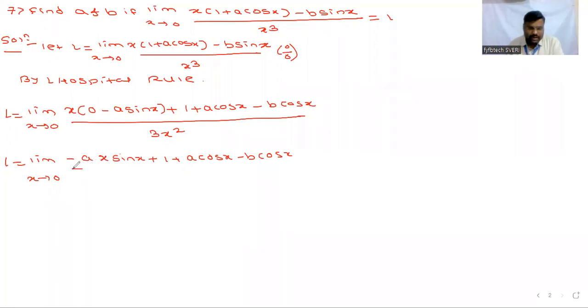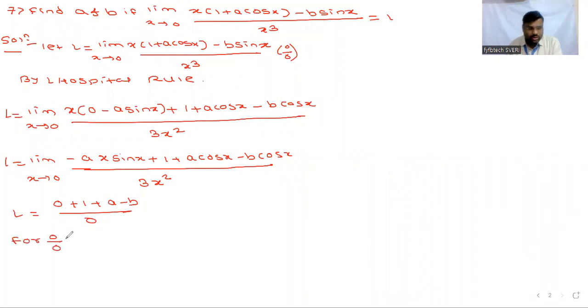L equal to limit x tends to 0 of (−a x sin x + 1 + a cos x − b cos x) divided by 3x square. Now when you put x equal to 0, the numerator part is not 0: L equals (0 + 1 + a − b) divided by 0. So for 0 by 0 form, the numerator must be 0.